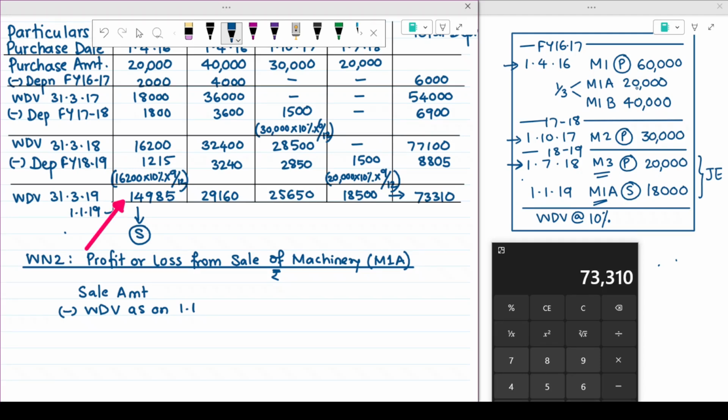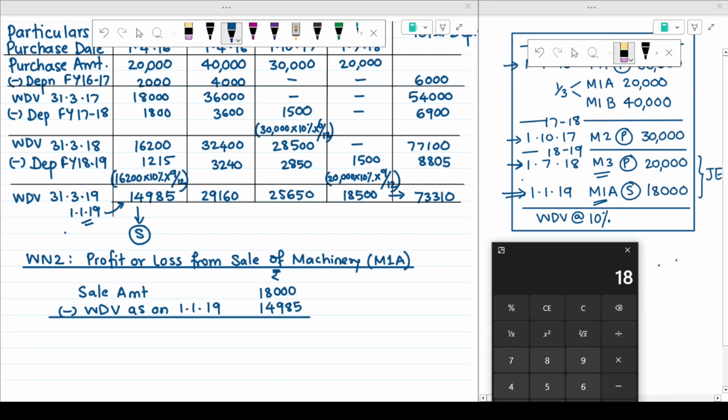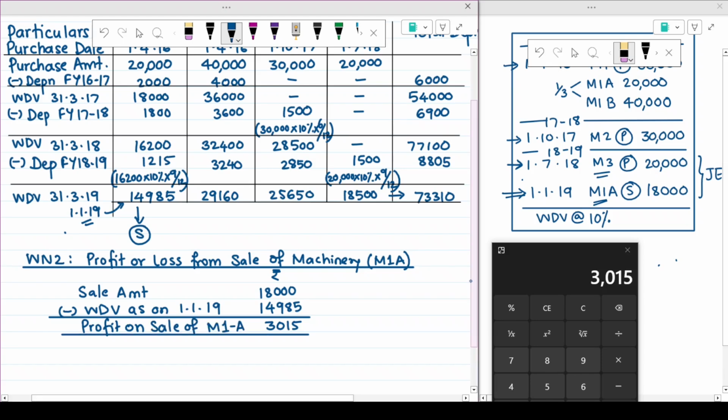The sale amount is 18,000, and WDV as on 1st Jan is 14,985. So 18,000 minus 14,985, we are getting a profit of 3,015. Profit on sale of machinery 1. So the working is done.